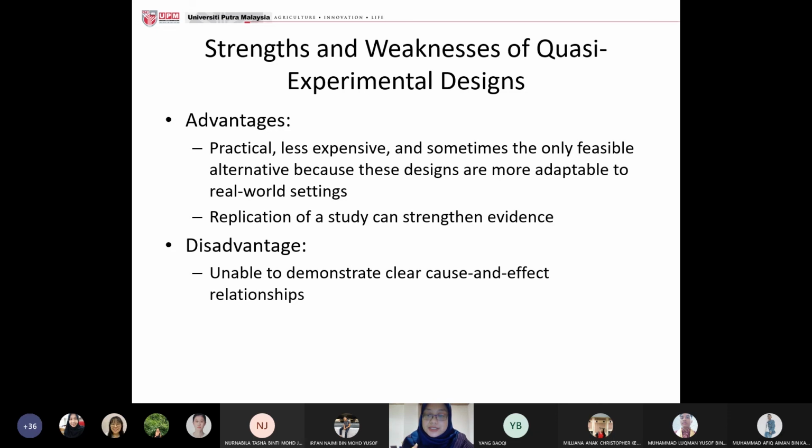When people say you're only doing quasi-experimental, that's not that strong, but you can counter by saying, okay, you can replicate this and you'll get a similar answer. And that's where it's strong, because it's repeatable. Secondly, the disadvantage is that it is unable to demonstrate a clear cause and effect relationship. So it's not that it cannot, but it doesn't achieve the level that experimental studies have.